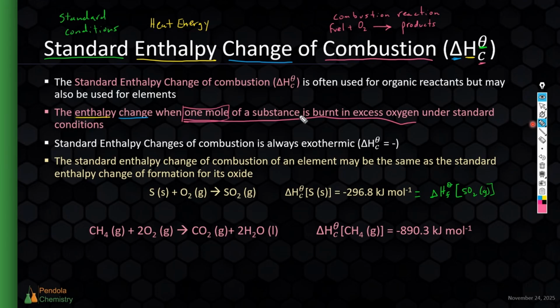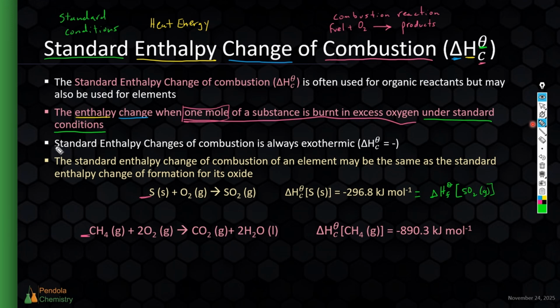So again, we have that 1 mole of the substance being burnt. So in this case, the sulfur or the methane in this case are going to be limited to having that coefficient be 1 mole, and the coefficients of everything else will have to adapt to that. And again, of course, this is standard enthalpy change of combustion, meaning that this is under standard conditions, and that will always be there as long as our definition includes the word standard.